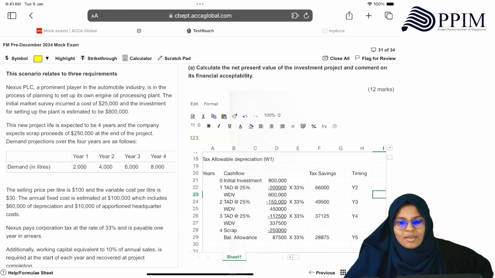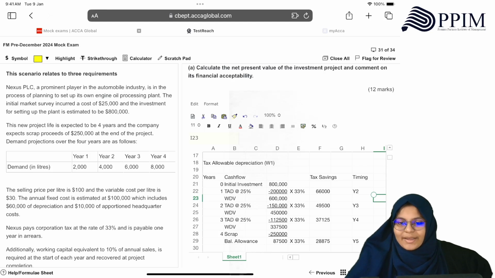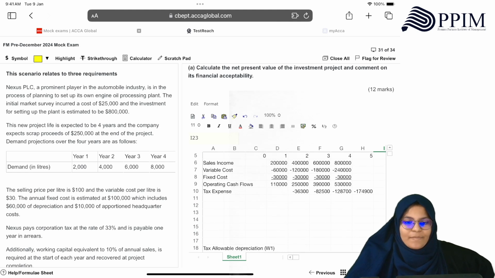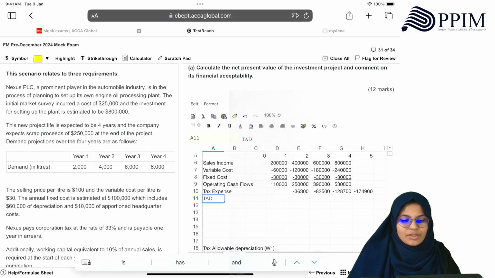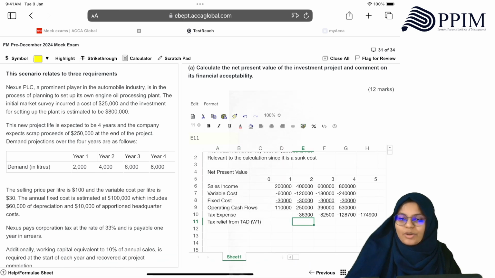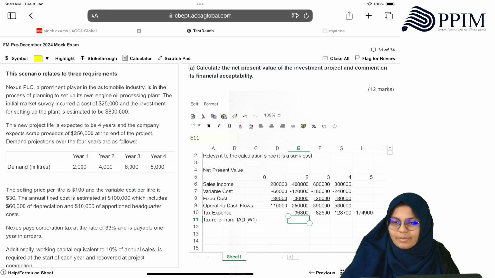Okay, right. So now I can put these figures into my main statement, right? So I'll call it tax allowable depreciation. I can call it tax relief from tax allowable depreciation, working number 1. Okay, so year 2 onwards only we will see the benefit, right?